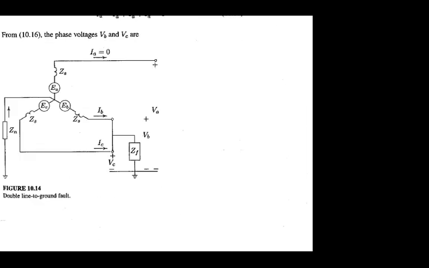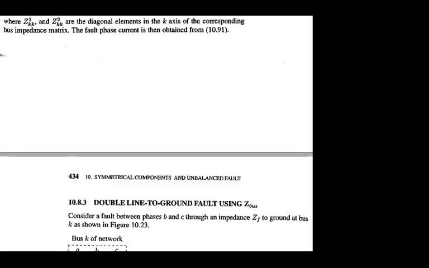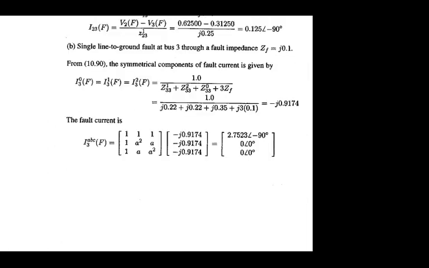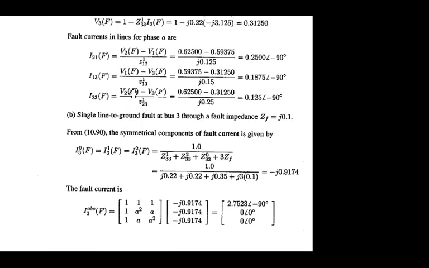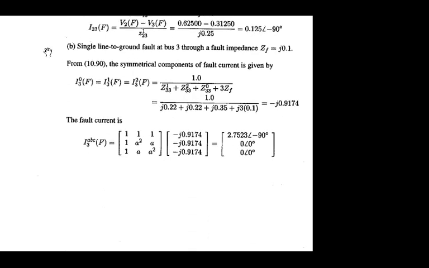Now move back to our main scenario. That's why you have I1, I0, and I2 equal for the single line to ground scenario especially. That will not be the same for other cases. This is only applicable for the single line to ground fault case. This is I30, I31, and I32, which are all the same.